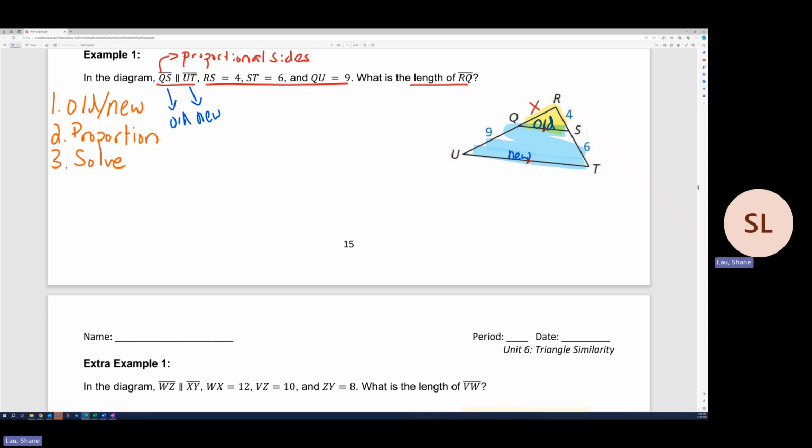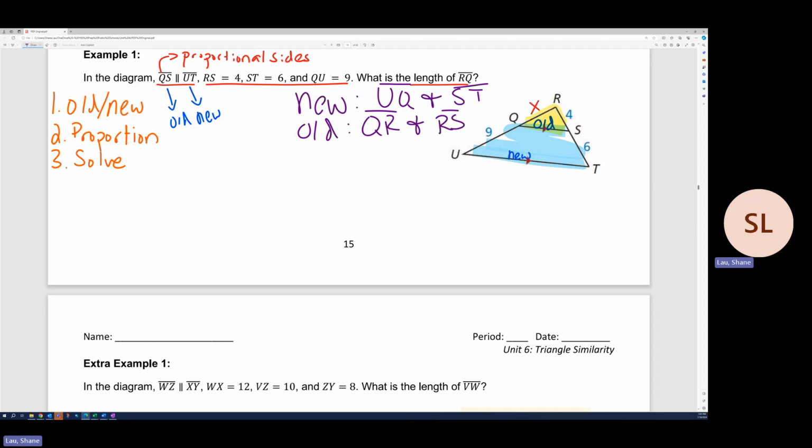Okay, and what this helps me do is recognize exactly which values belong to old or new. So in this case, now that I've seen this, I can say that my new values are going to be segment UQ and segment ST, whereas my old values are going to be segment QR and segment RS.